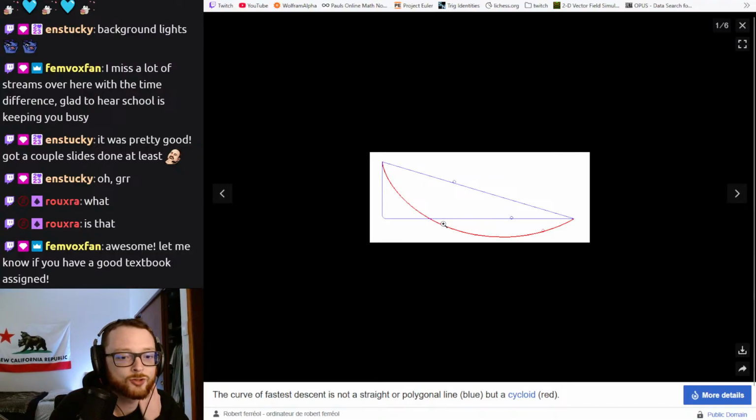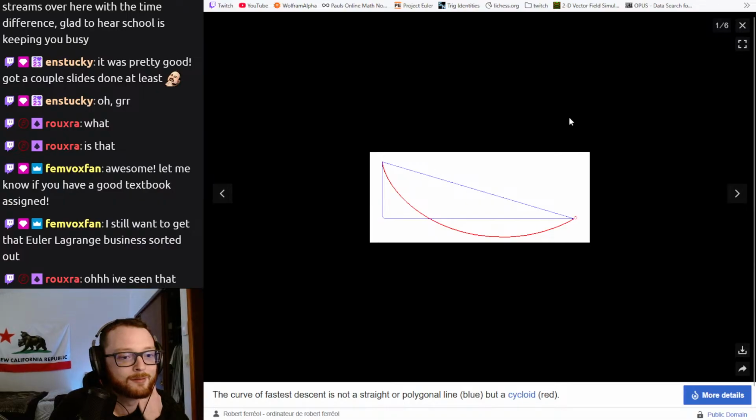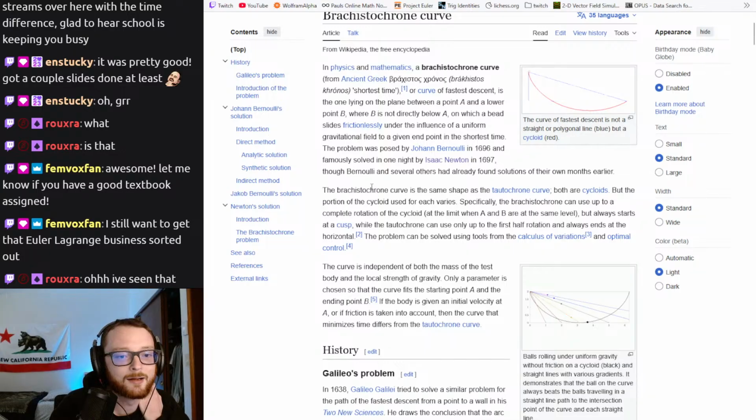And that's the question that kicked off the calculus of variations as a field, I think. And so you have to find a function that gives you this behavior. And I think I'm describing this right with this being a calculus of variations problem.